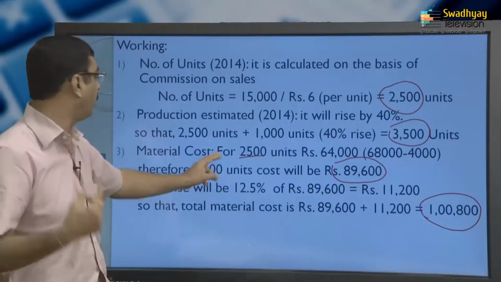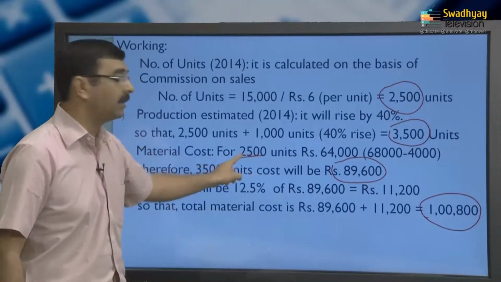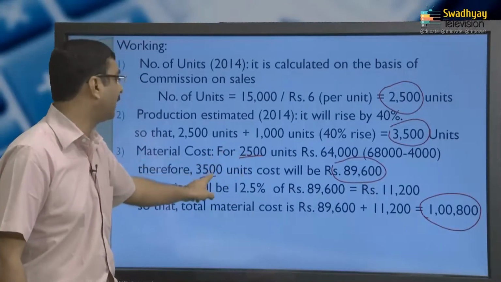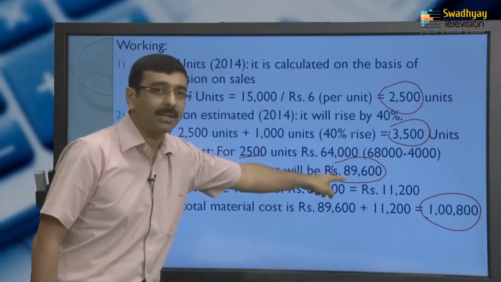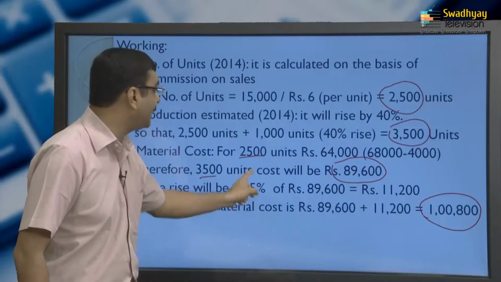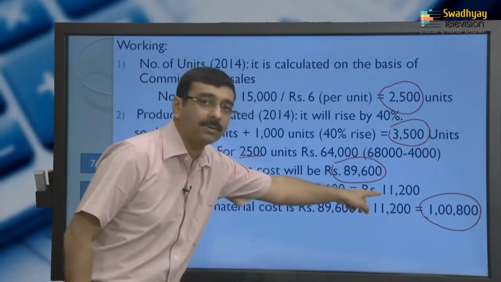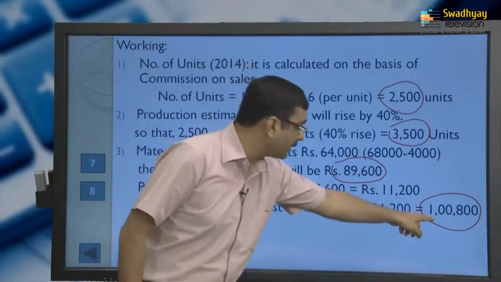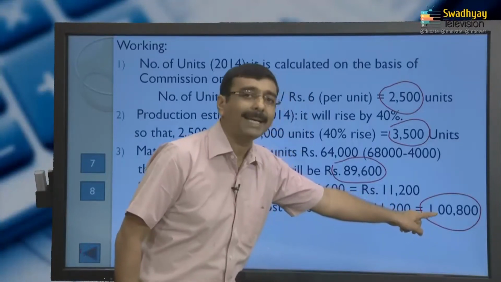There are two changes. The first is the proportion of units, 2500 to 3500, which gives 89,600. The second is the 12.5% increase in material cost, which is 11,200. On this basis the total comes to the amount calculated.